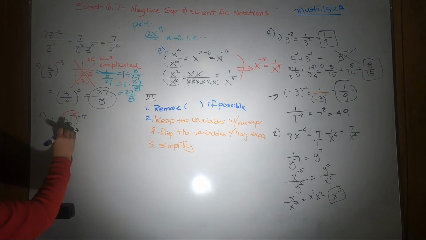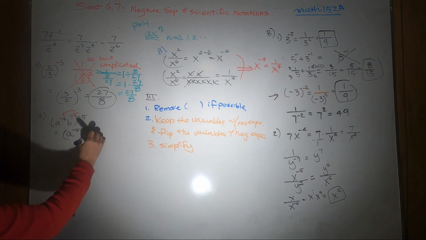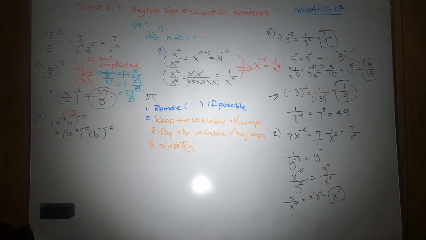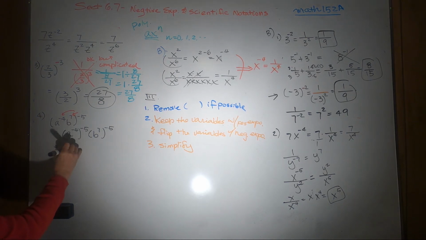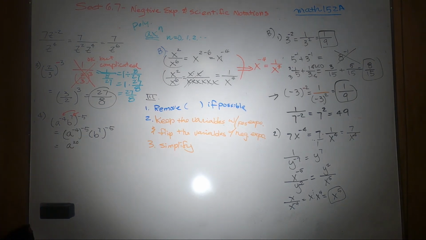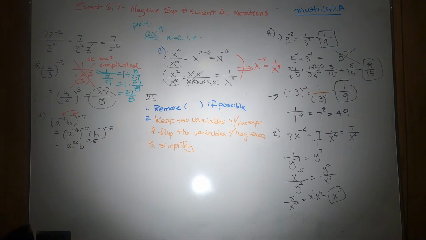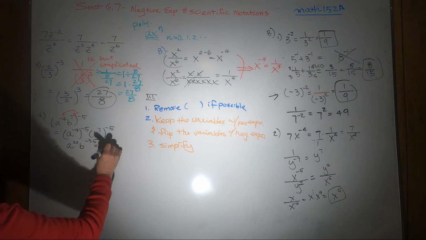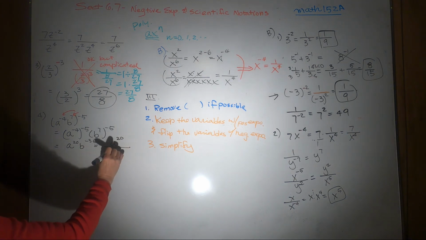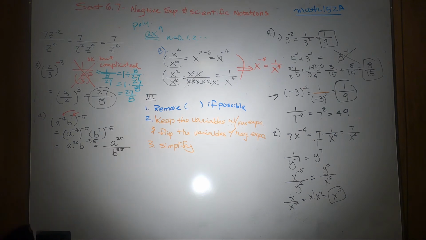So you have a to the -4 to the -5th power and b to the 7 to the -5th power, right? Then you write it. Power on power, you use the power property, you multiply them. Then this one is b to the -35, right? But we don't leave the answer in a negative exponent form, right? So we will write the answer which way? a to the 20 stays, b to the 35 moves. That would be the answer.